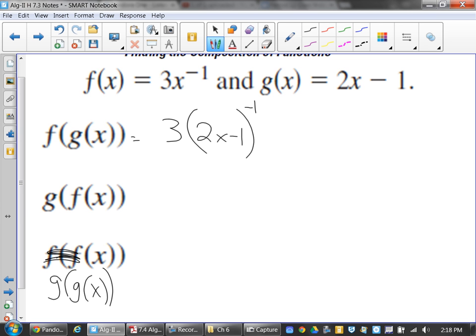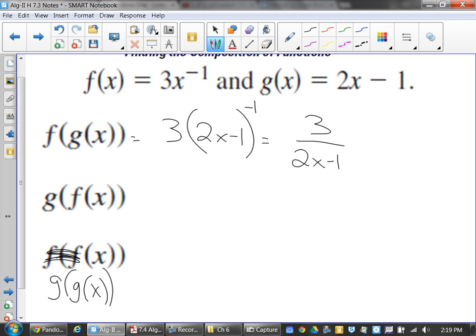I substitute in 2x minus 1, that term, into the x value in the f equation. So now I got junk to the negative 1 power. Is that junk happy? No. Sad. Send it to where it's happy. There you are. And there's nothing left you can do. There's no other simplifying you can do with that, because there's a subtraction symbol. Okay.